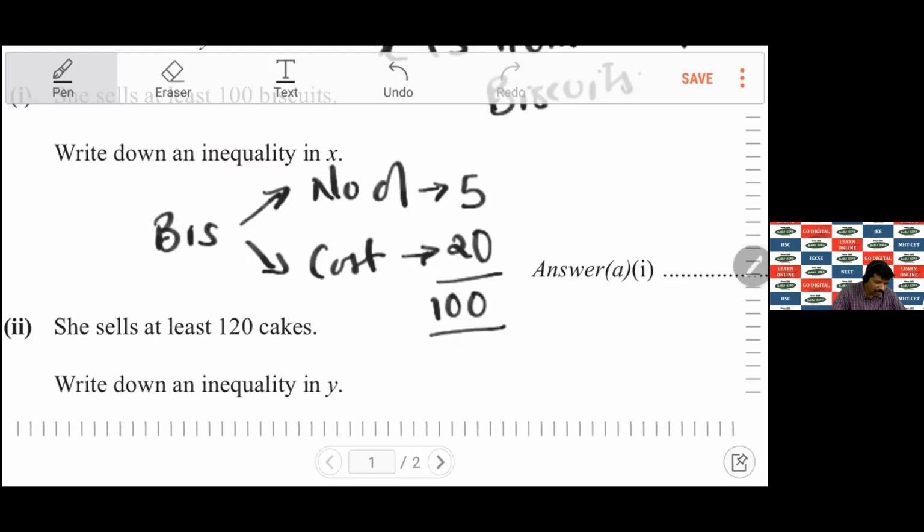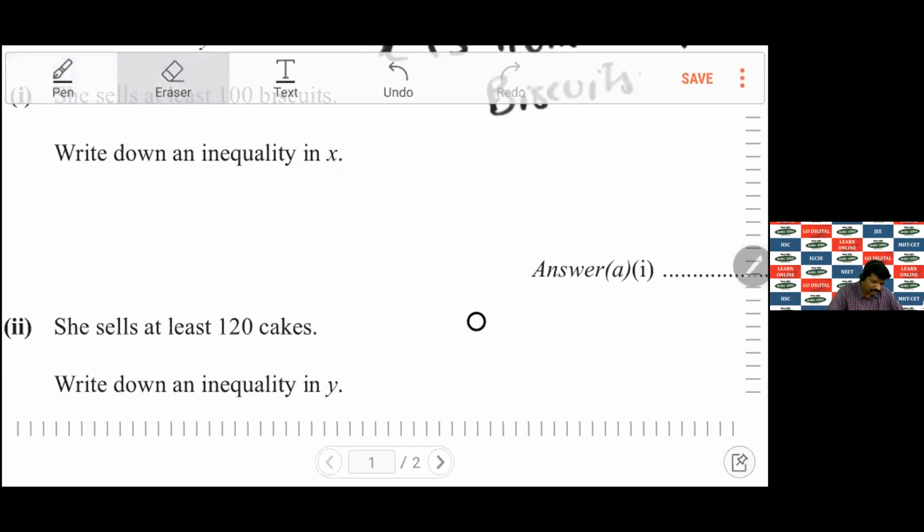Last time we studied sheep: the number of sheep and the cost of 1 sheep. Here also, the number of biscuits and the cost of biscuits. So again, Mehak, what is X? X is the number of biscuits.